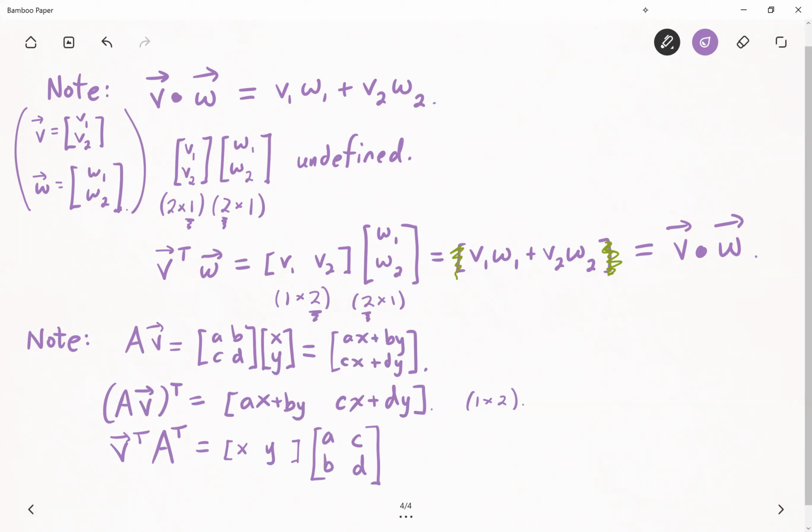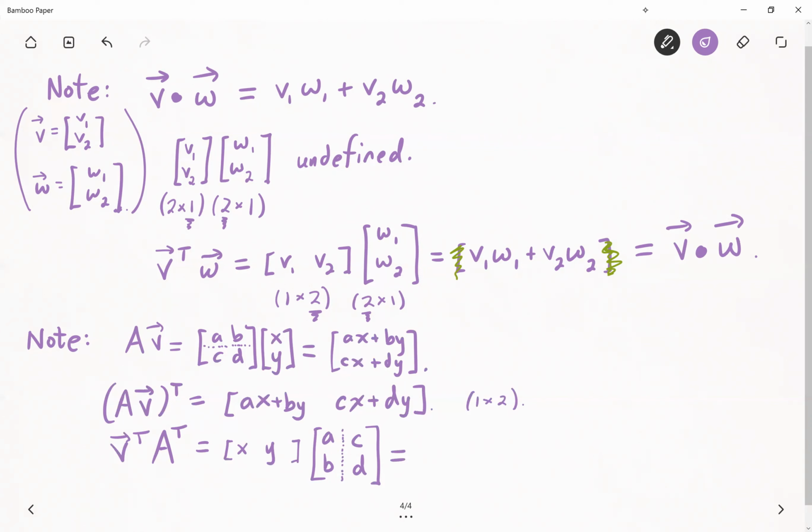The reason being, think about what we need to do when we calculate A times V. We take the matrix A, that comes first, we partition it into rows. If we're switching the A into the second position, we want the x and the y to pair off with the a and the b, we're going to have to make those columns in this new calculation.